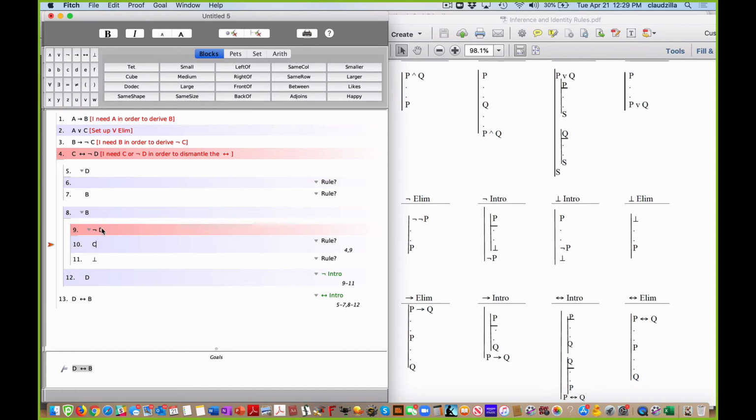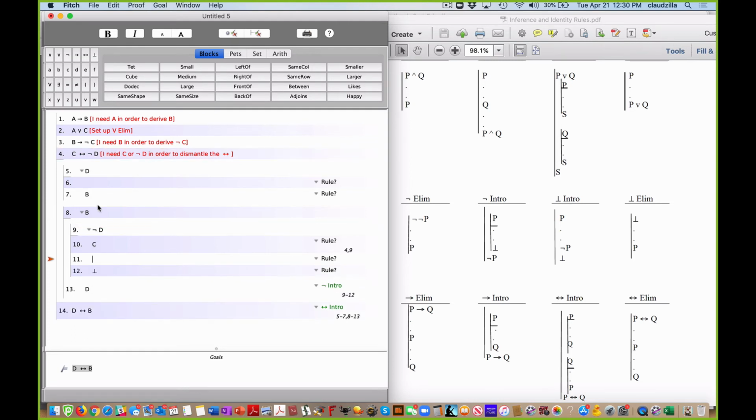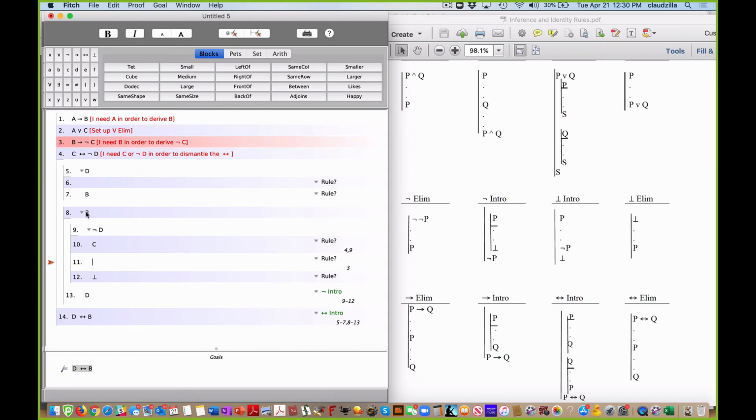No. But you notice, hey, I've got C. If I could get not C, then I'd have my contradiction. Oh, look, I assumed I have B, which means now that I can, by conditional elimination, get not C. There's my contradiction.